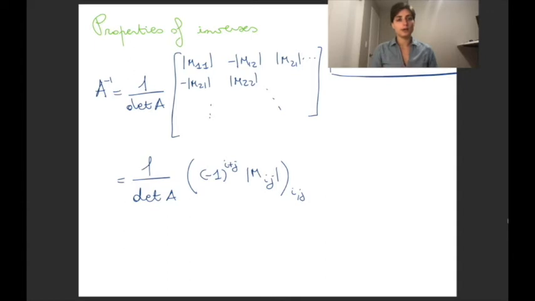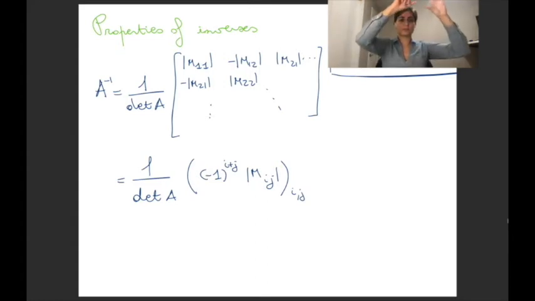You also know how to build the inverse explicitly once you have the determinant of A. So the inverse of A is equal to 1 over the determinant of A times a matrix built up of the determinant of every submatrix of A with switching signs.